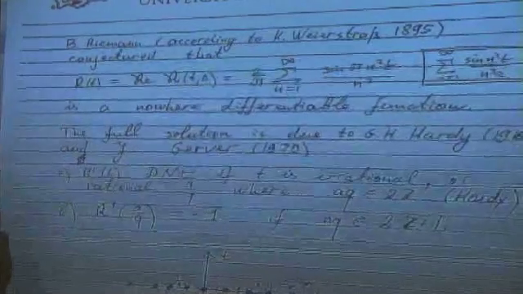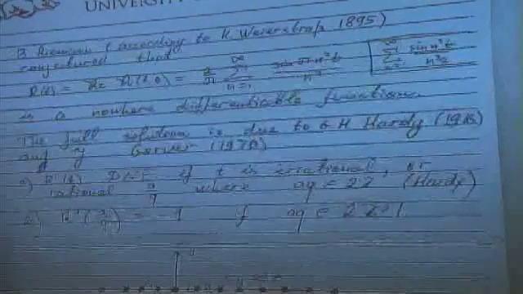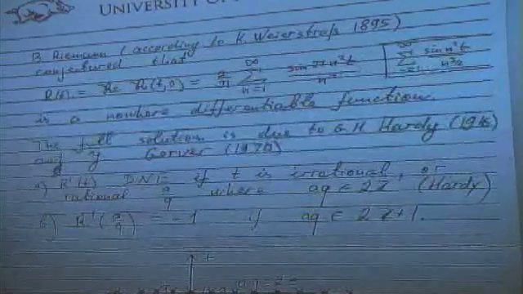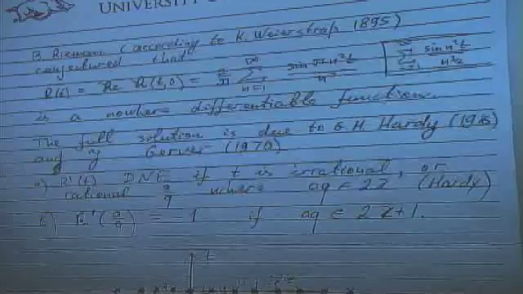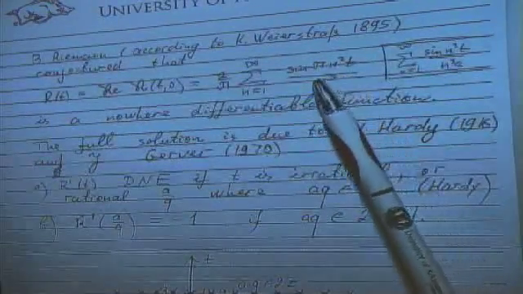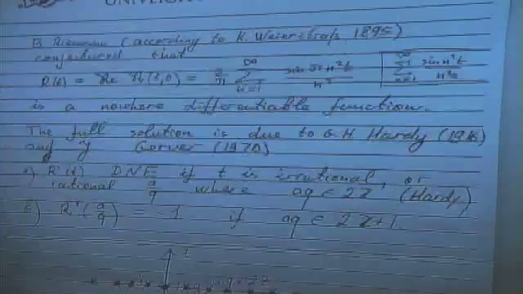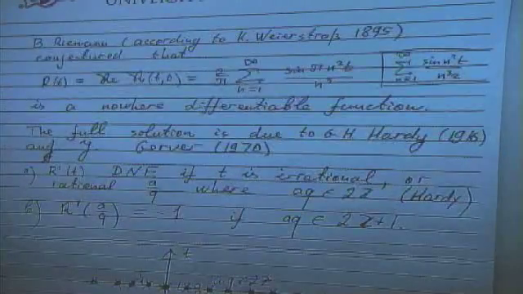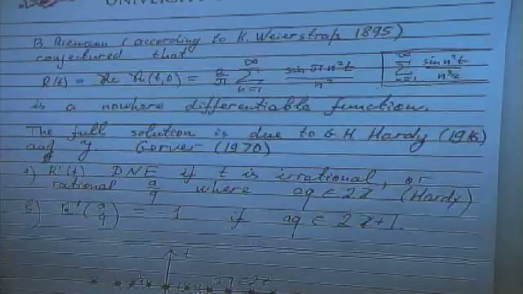Actually, Bernhard Riemann, according to the report of Karl Weierstrass of 1895, suggested this sine series, like sine of pi n squared t divided by n squared, as a possible candidate for a function that is obviously continuous, a function of the parameter t.